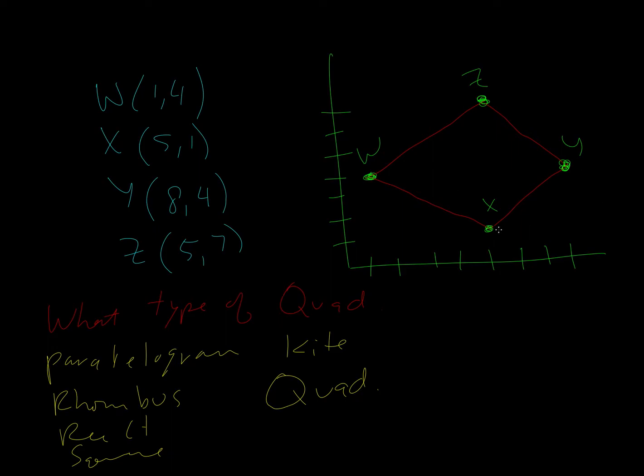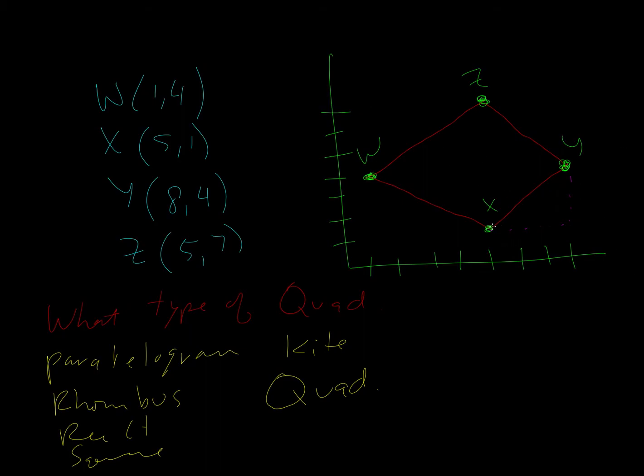We can start so many places. Let's first prove that it's a parallelogram, because if it's not a parallelogram, it's not any of the other ones. For it to be parallel, we need to look at the slope of opposite sides.